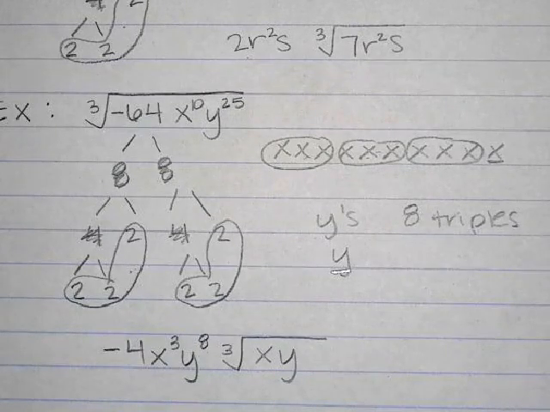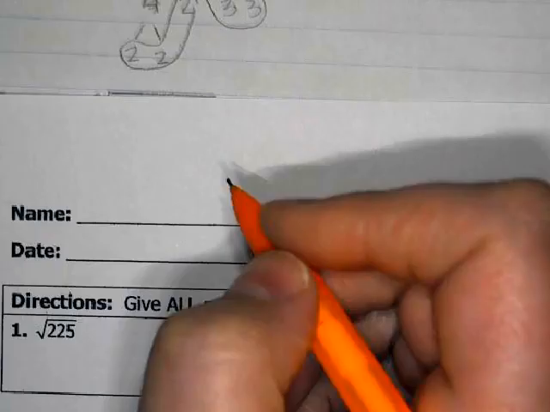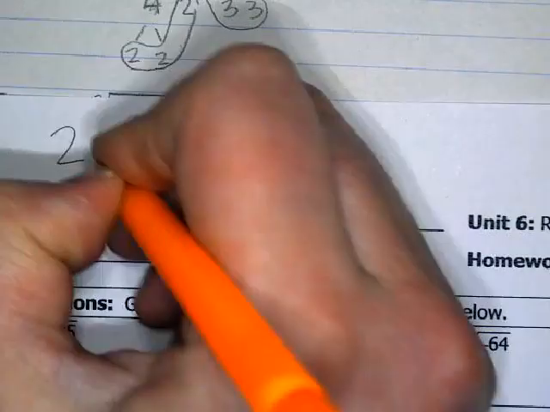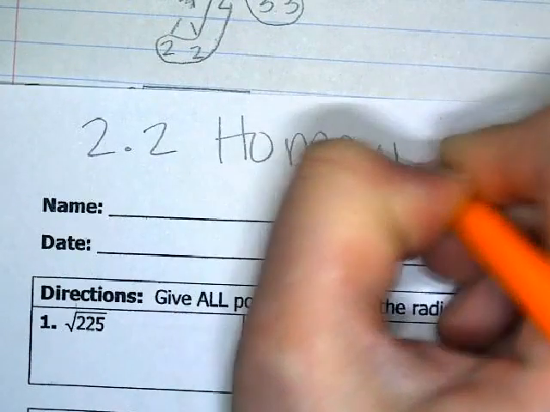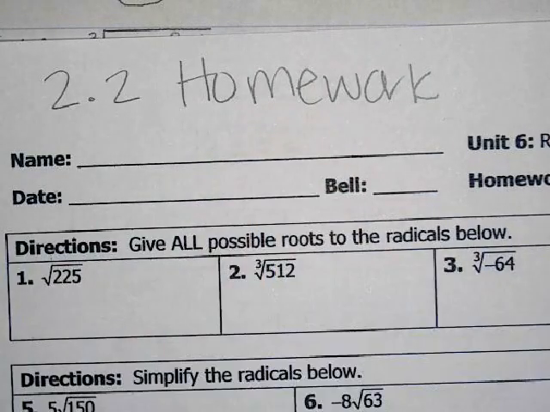So start at the beginning, and we'll see how far we go, and then I'll tell you what the homework is. At the very top, you're going to label this 2.2 homework. Before we leave, I'll tell you which problems are going to be considered 2.2 homework.